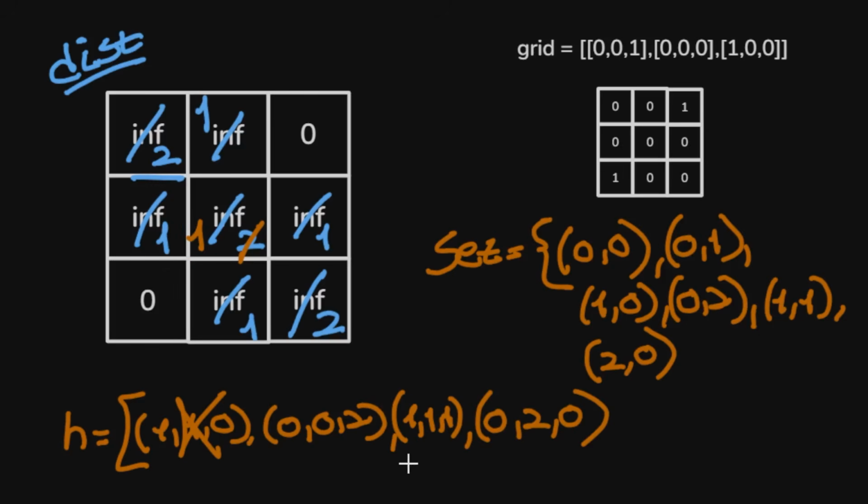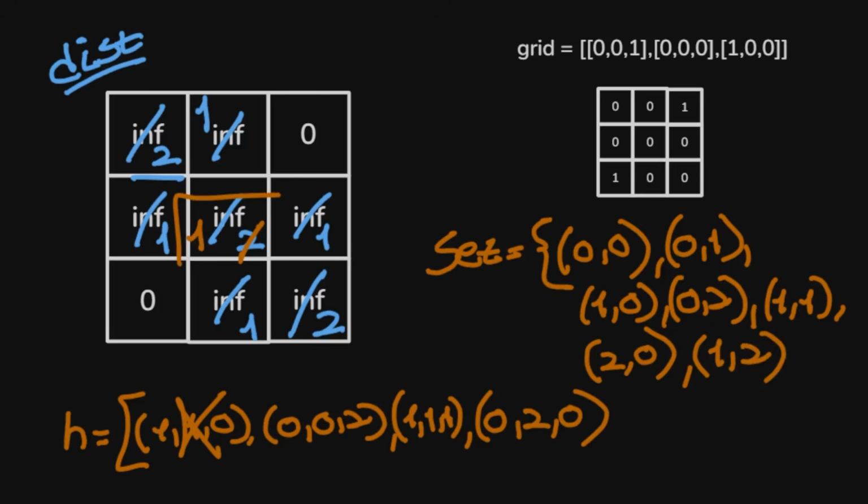Now we pop the next tuple, meaning this one, because it has the largest distance. So we are standing here. And if we try to go up, the coordinates are 0, 1. We already have this. If we go left, we already have this. If we go right, the coordinates are 1, 2. We don't have 1, 2 here, so we add it.